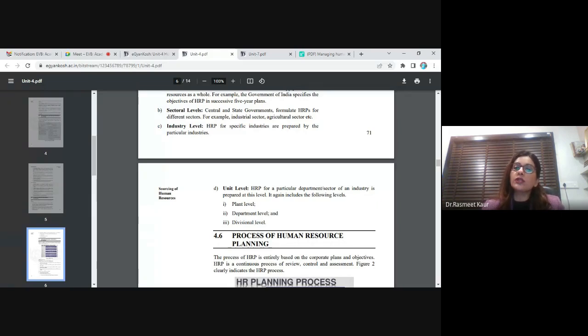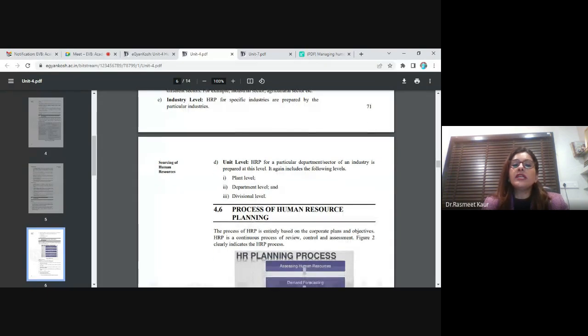Then at the sectoral level, at the state level and at the central level, again government plans certain human resource plannings are done, and according to different sectors, like the industrial sector, agriculture sector, manufacturing sector, there are different kinds of HR planning done. If you want to uplift a particular sector, you actually require hands, you require effective hands, and that you get through properly doing the human resource planning.